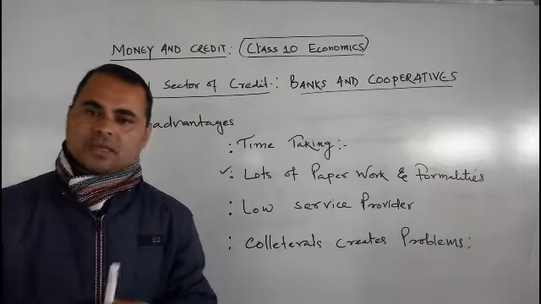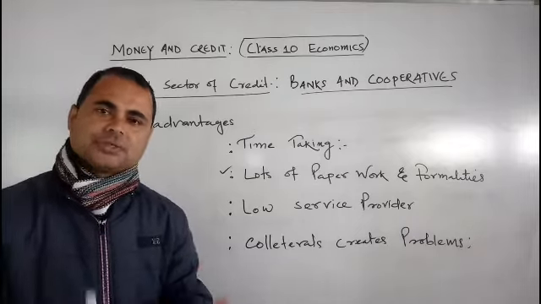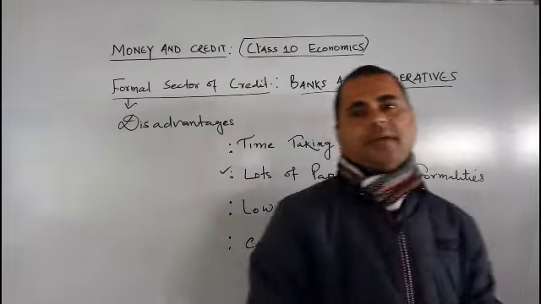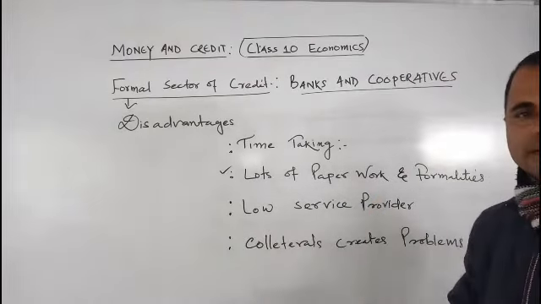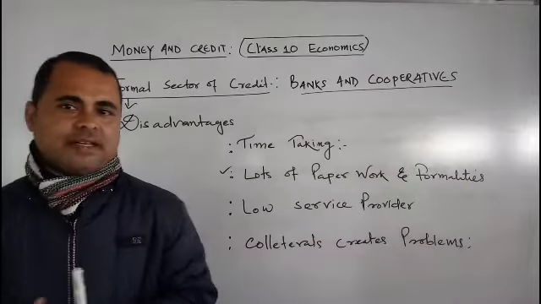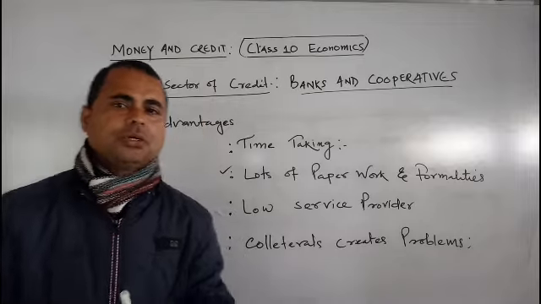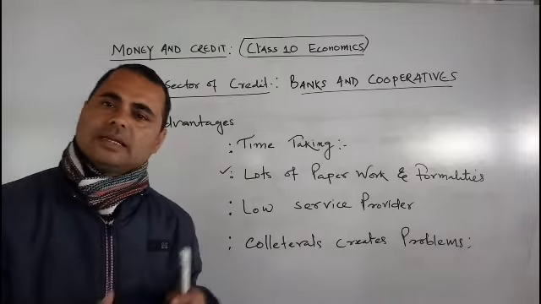Not only that, if you see, a large part of the population is not educated, so they find it very difficult to fulfill this paperwork and formalities. As a result, today also, in the countryside or in urban areas, the people who are not educated prefer to go with the informal sectors of credit rather than the formal sector, because of the overload of this paperwork and formalities.